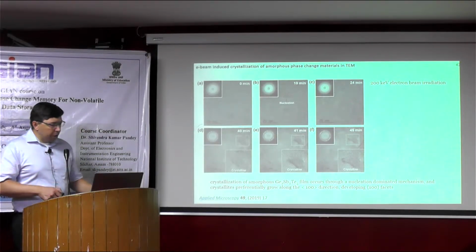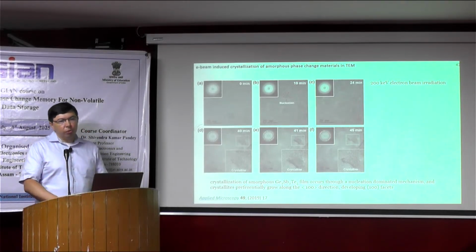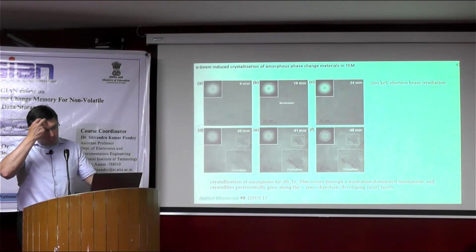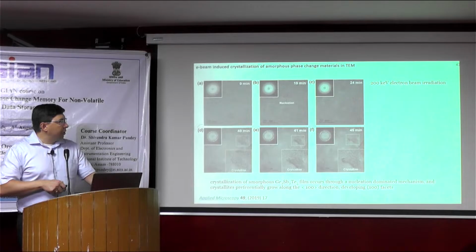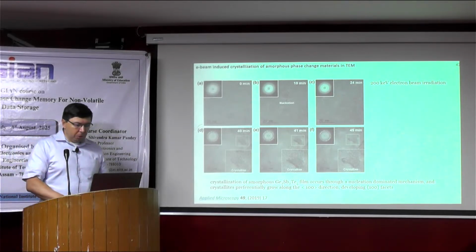So the electron beam can induce crystallization of your material. If you do TEM work, you have to be aware of this, and you have to adjust the settings so as not to induce unwanted crystallization of your material.